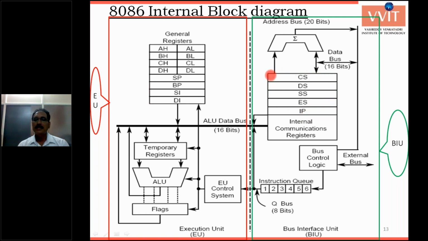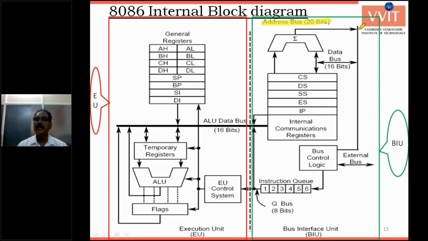All these 5 registers are 16 bits, but the 8086 memory address is 20 bits. To access any memory location, either reading or writing, a 20-bit address is required. This 20-bit address is calculated based on the segment register content and IP.